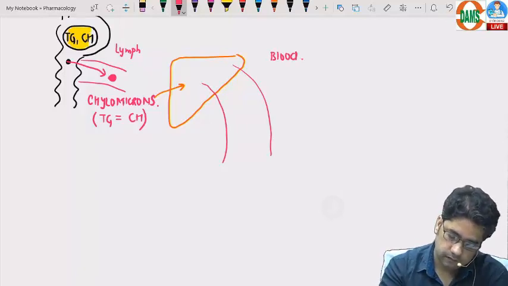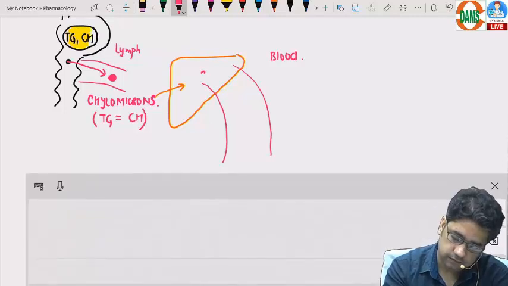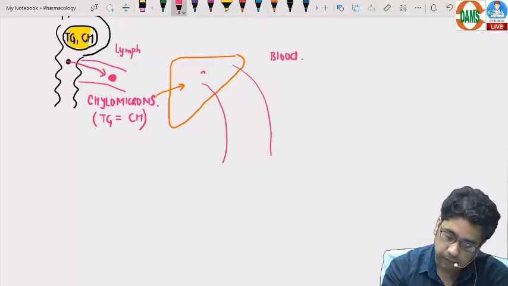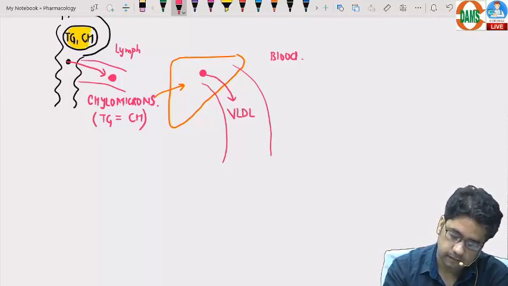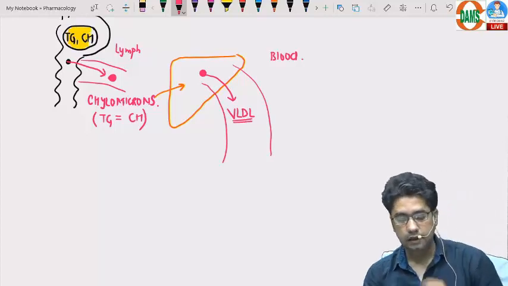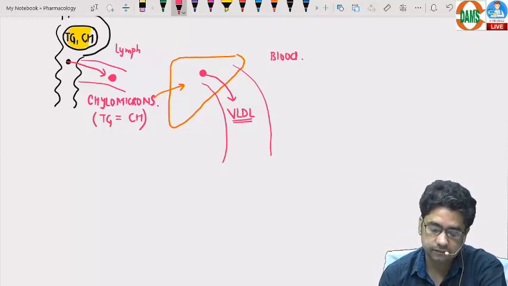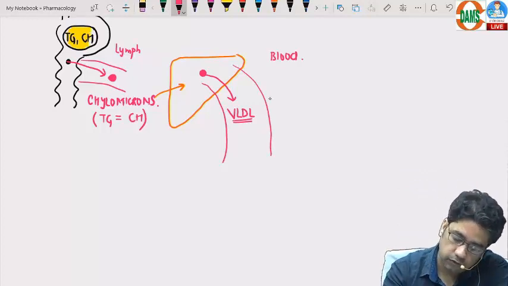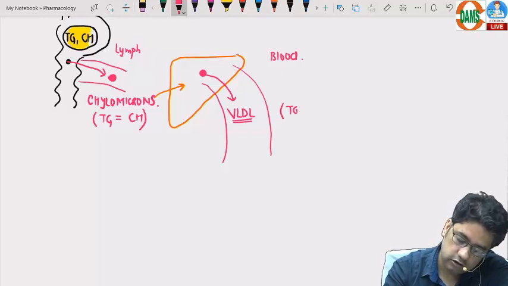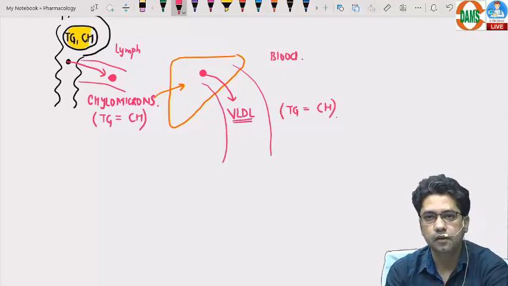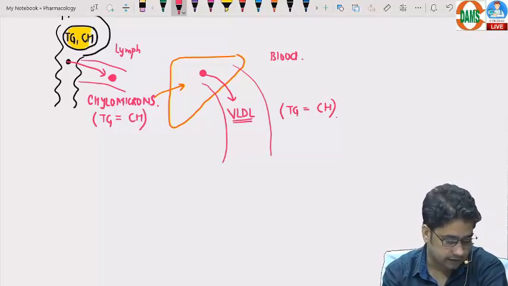Liver takes up this chylomicron, and now blood is the main transport media of our body. Liver secretes VLDL. I hope you know what is VLDL. Very low density lipoprotein. VLDL also transports triglyceride and cholesterol.